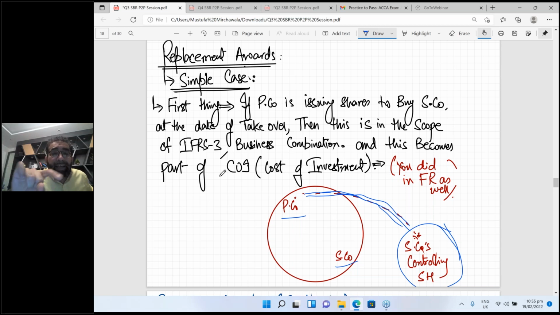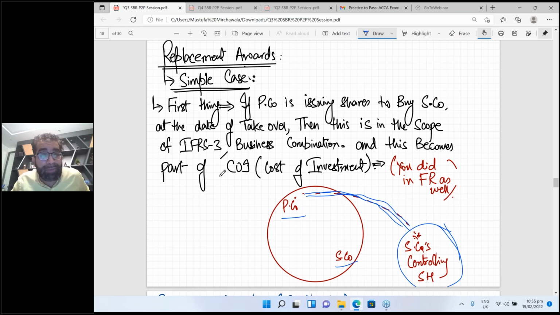If parent company, at the date of takeover, is issuing its own shares to S company's controlling shareholders as a part of purchase price, as a part of consideration, then this is never treated under the scope of IFRS 2. This is pure IFRS 3 business combination.